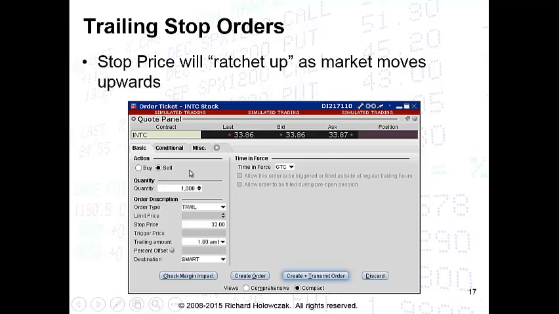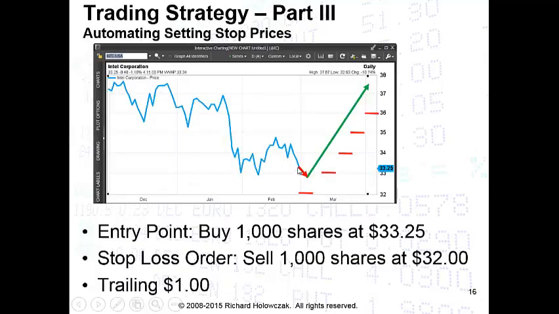So what will happen is, again, as the market moves up, a trailing stop will automatically cancel the prior stop order and enter a new stop order. And this will actually be done in a fairly continuous fashion. I've shown some discrete steps here, but what the brokerage firm can do is, as it moves up, continually cancel and enter new stop orders as the market moves up.